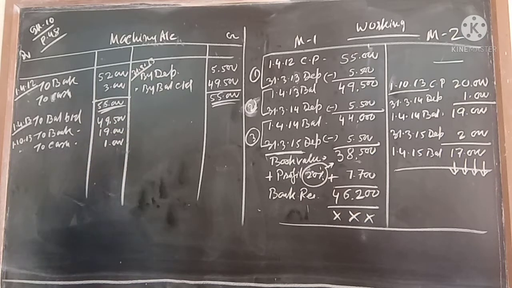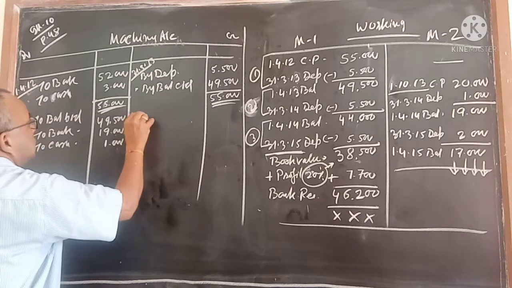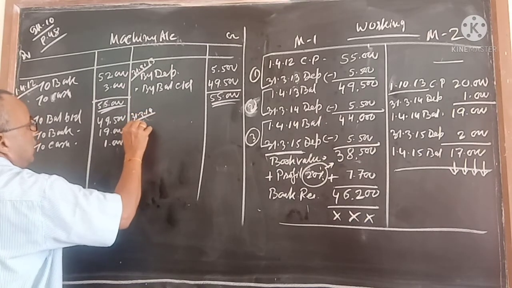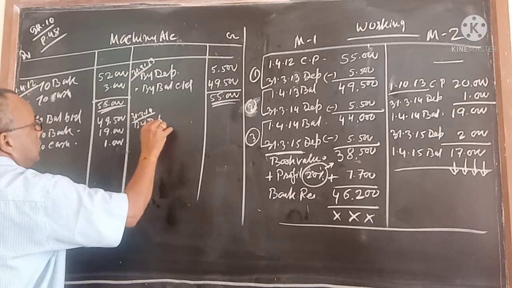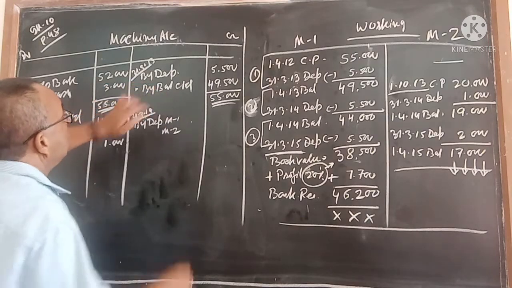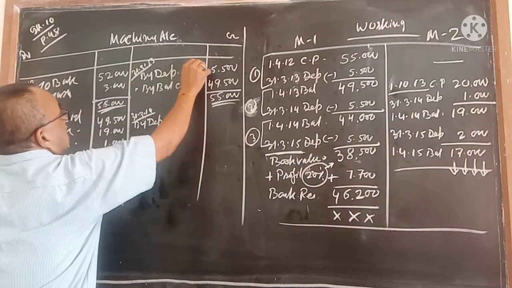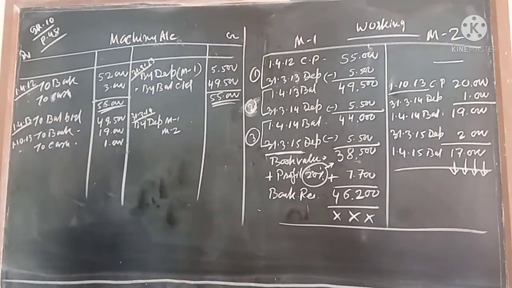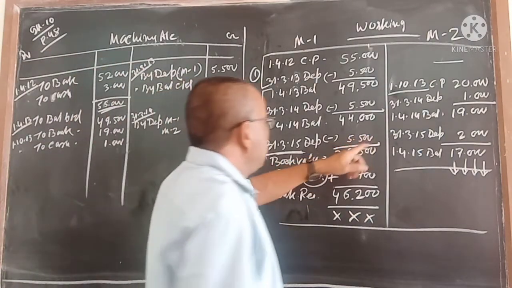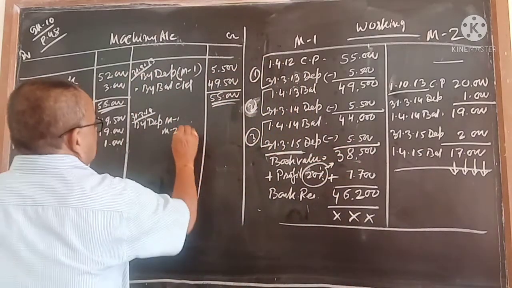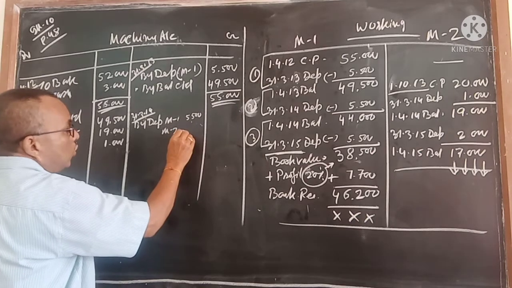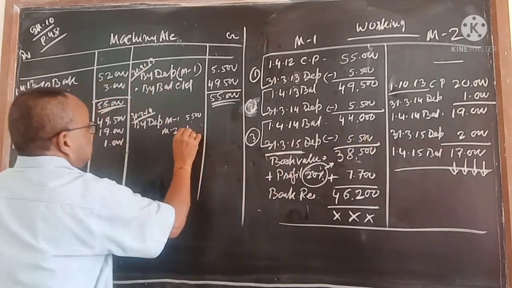Second year, now 31/3/14. What will we do? We write here by depreciation for M1 and M2. Earlier it was only M1, so we had not written M1 and M2. Now in the second year, M1 depreciation is 5,500, that is fixed, and for M2 it was 1,000.